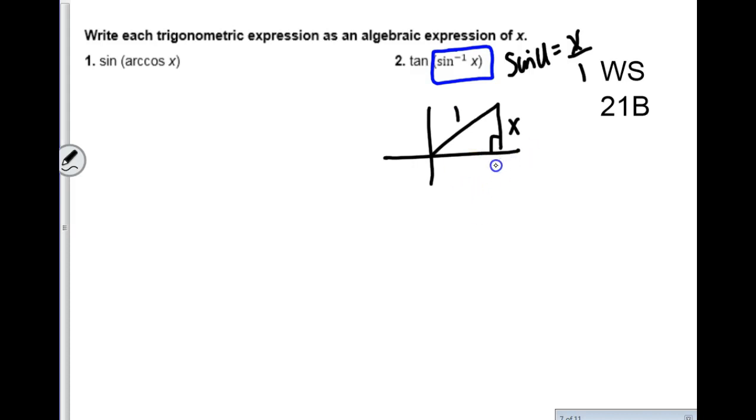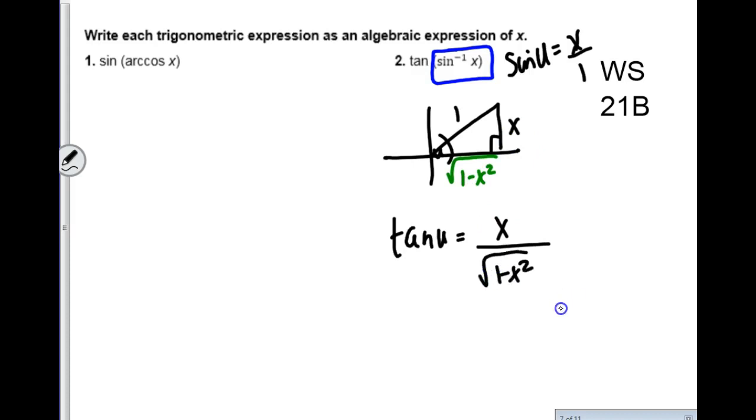This is that same Pythagorean work you just did on the last question, so I'm just going to steal that. This leg would be 1 squared minus x squared square rooted, so 1 minus x squared square rooted. And then it wants the tangent ratio. So the tangent would be vertical over horizontal, or opposite over adjacent.